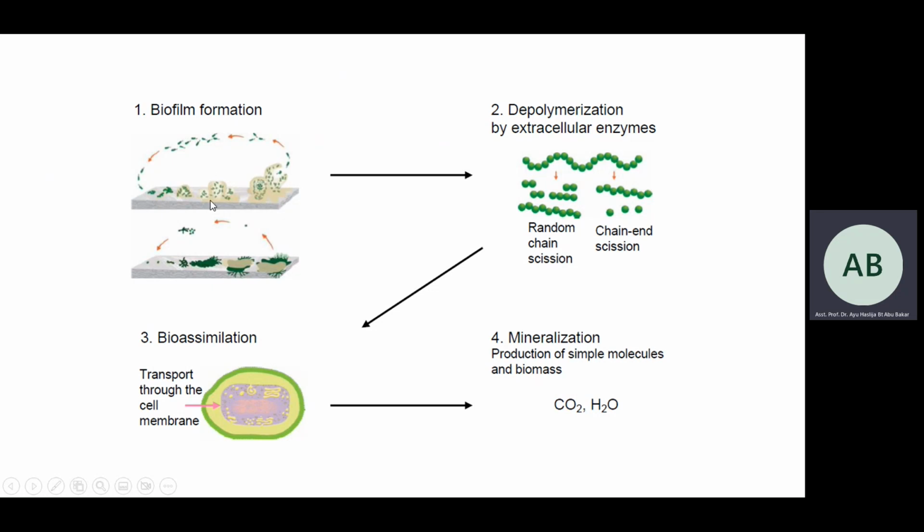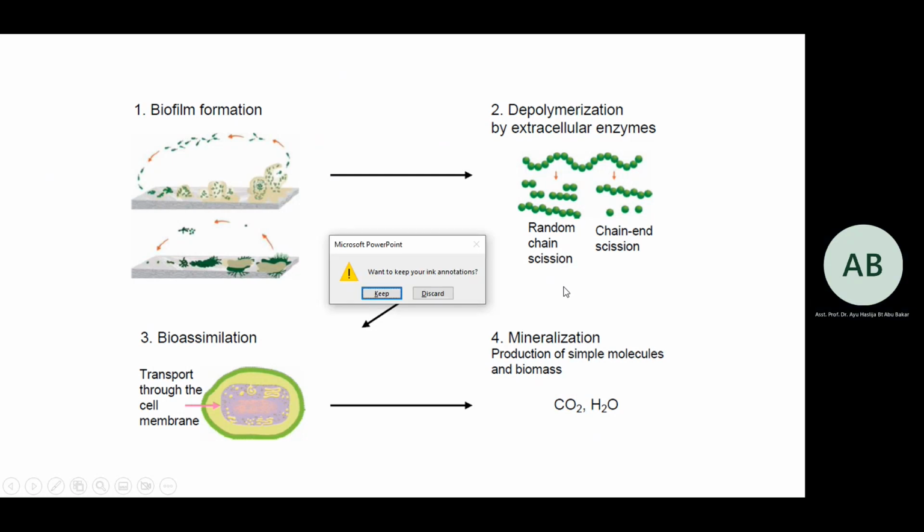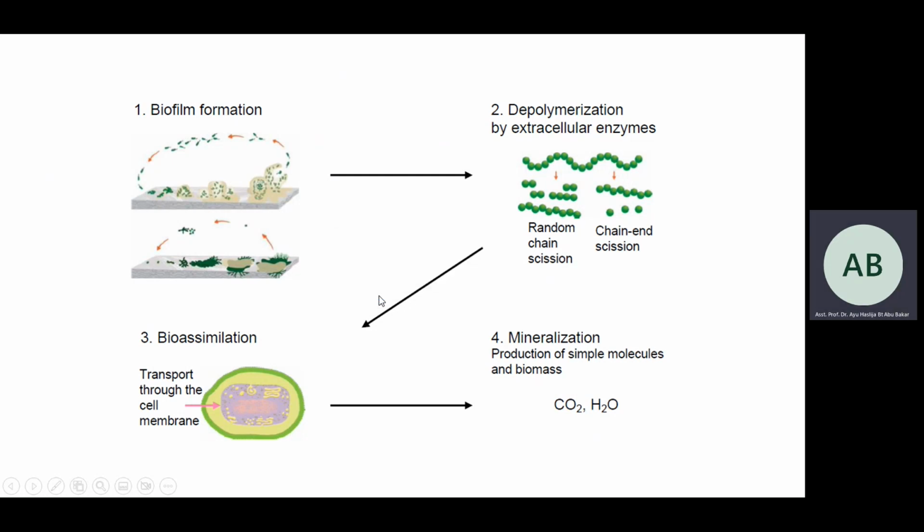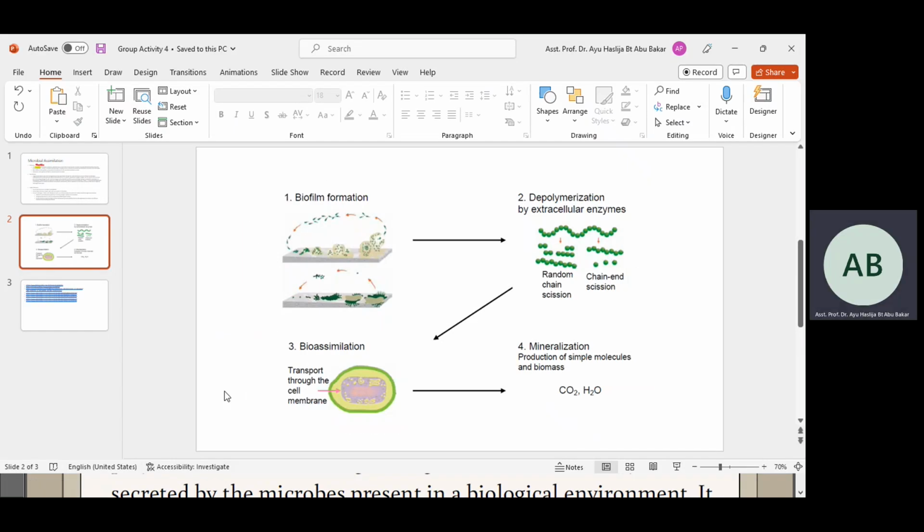So the enzyme is released, they react, then the nutrient will be absorbed by the microbe. After that, only then it produces the CO2 and H2O, the products. Microbe absorbs the nutrients. Okay, this part is the backbone change, which is explained by the next group.